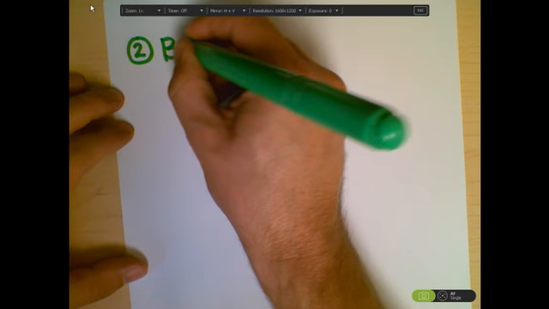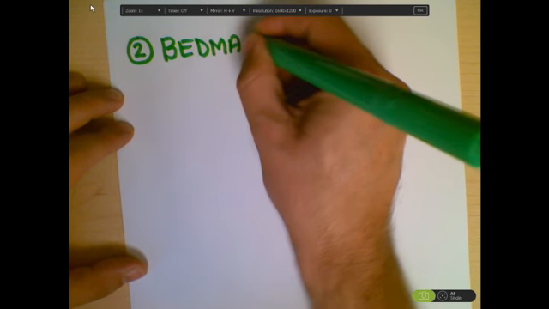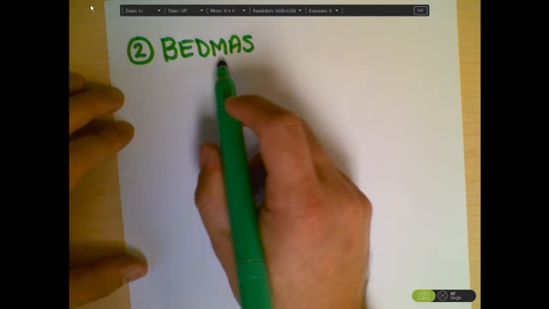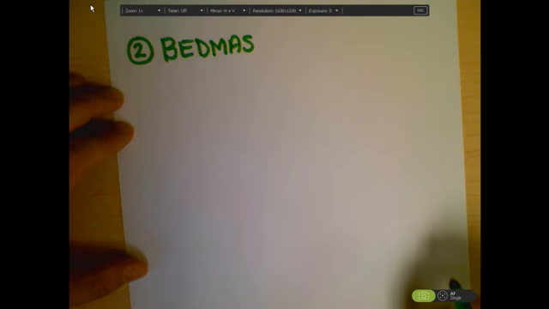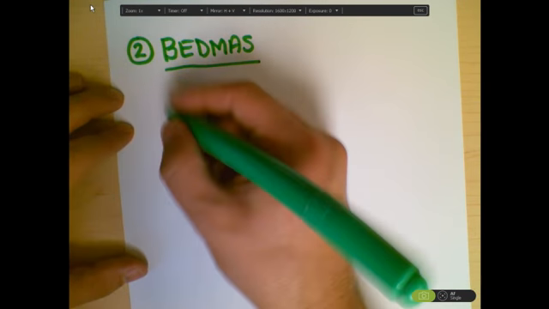The second mistake that people make on this unit test is not following BEDMAS properly. Brackets, exponents, division, multiplication, addition, subtraction. So we must remember to always follow BEDMAS.